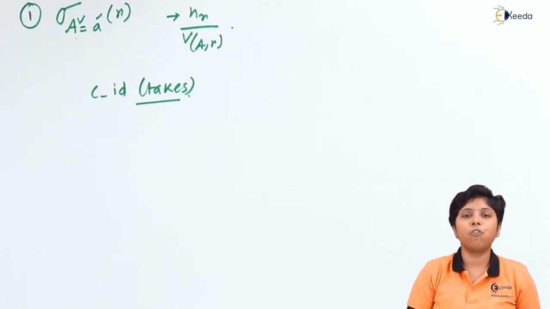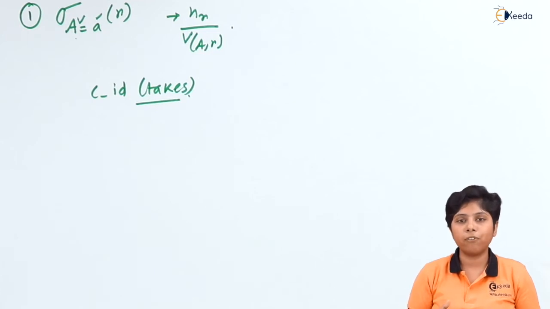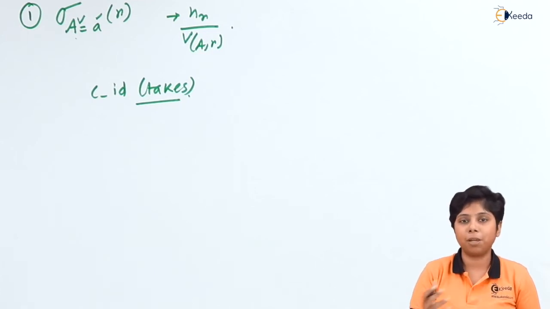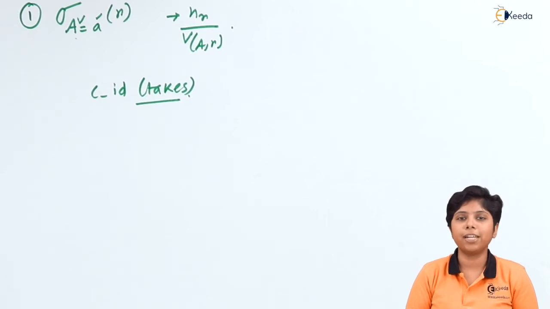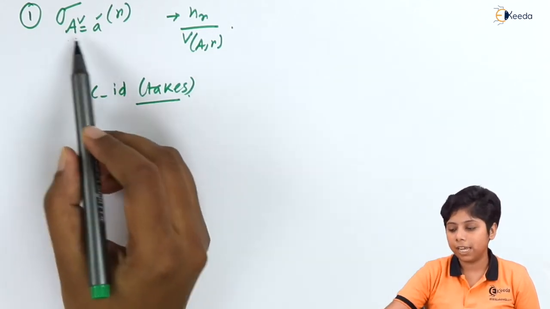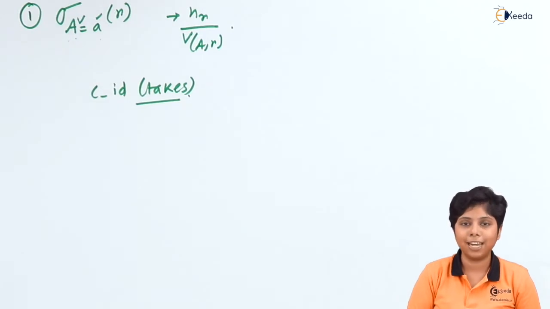For a reputed college, it is always possible that a student has taken many course IDs, or one course ID has been taken by many students. So for each student that takes a course, the course ID will be repeated. So we cannot have this A equals a assumption on the selection size statistics on the data.